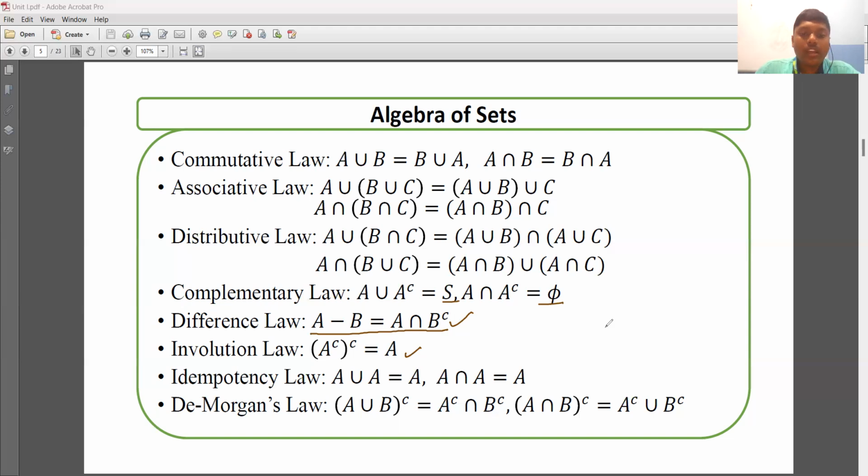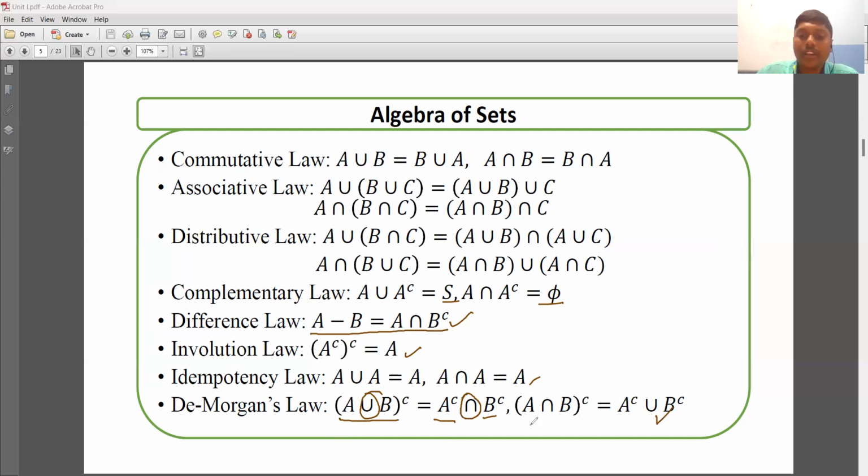Okay. The next law is a very important one, which is called De Morgan's law. De Morgan's law says that the complement of the union is the intersection of the complements of the individual events. So (A union B) whole complement will be A complement intersection B complement. Look into this notation: the union in De Morgan's law changes to intersection whenever we take the complement.